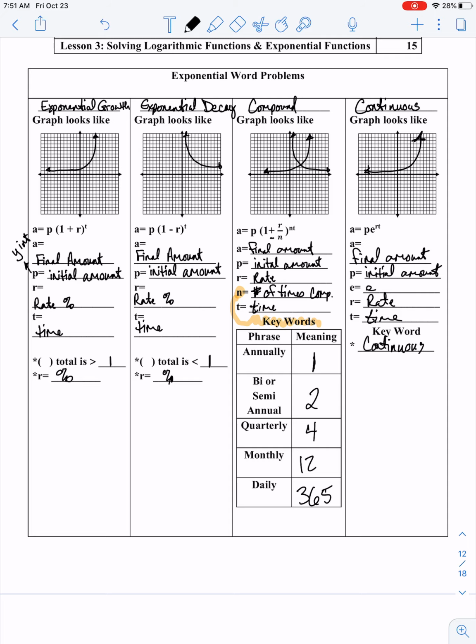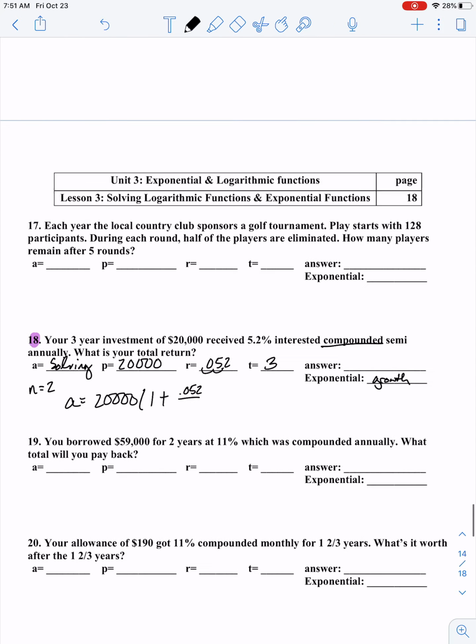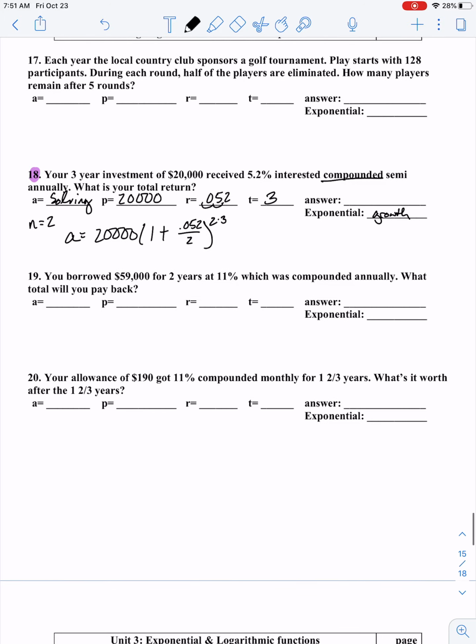So A is equal to P times parentheses 1 plus rate over N, to the N times T power. Semi-annually is 2, so 2 times 3, to the 3 power.